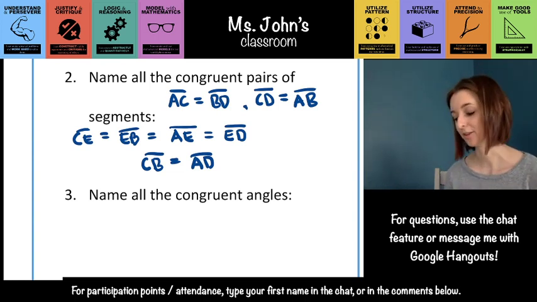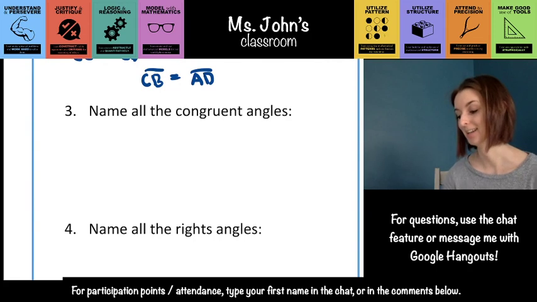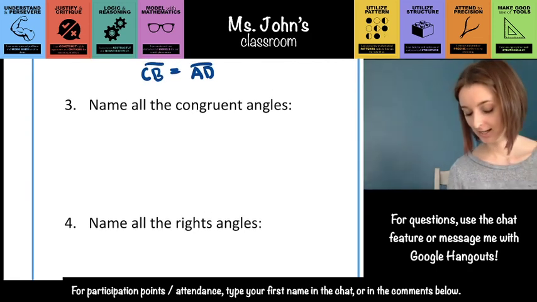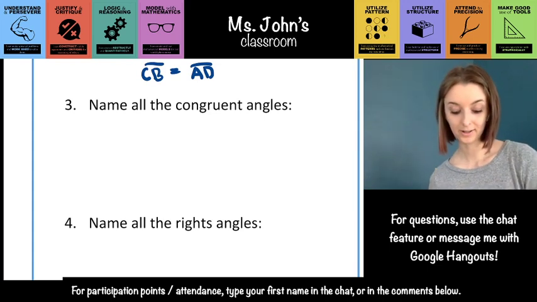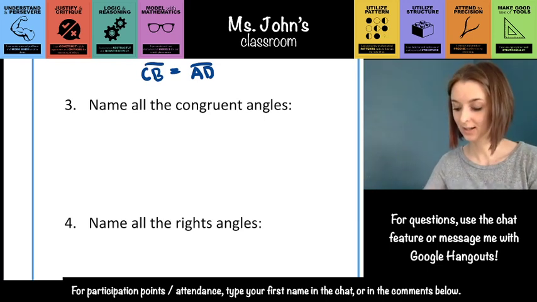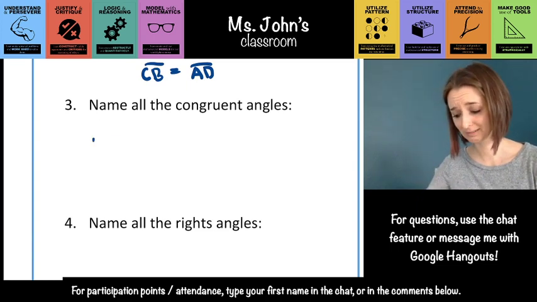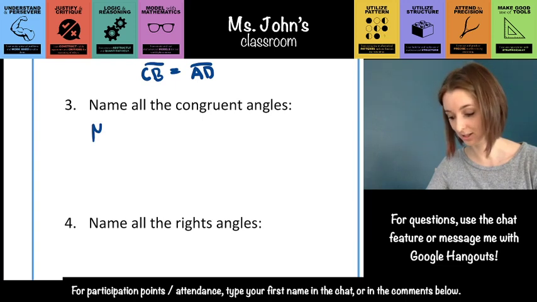And then we come to the fun part where we are doing angles, because boy, are there a lot of angles in this picture, and there are a lot that are the same. So I believe the name of this symbol is mu. Ooh, I don't know. It's been a couple months since I've been in college.